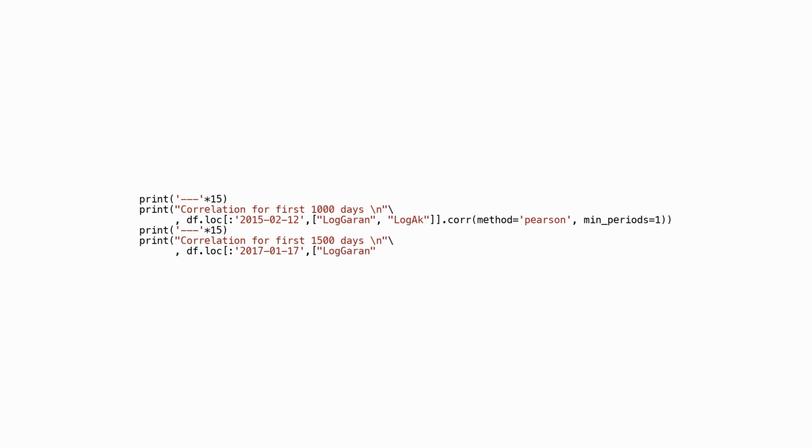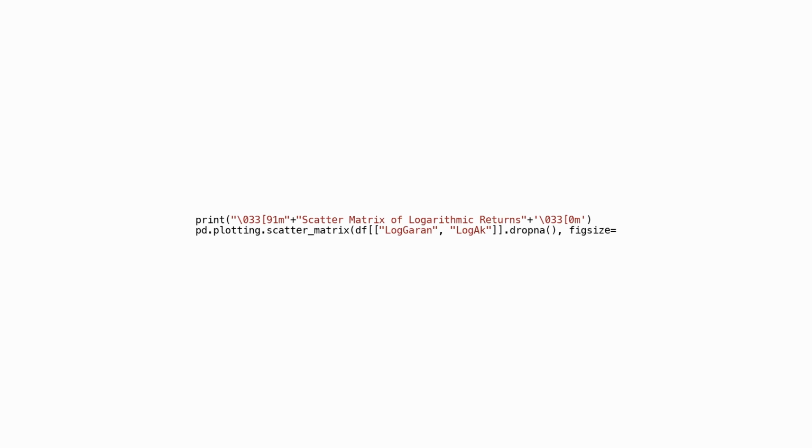The min_periods equals 1 parameter ensures that the analysis is conducted only on valid data points, rather than including null values. Finally, the .loc function is used to specify the date ranges, the first 1,000 days and the first 1,500 days, and the two columns that are being compared. The results of the analysis are then printed, giving the correlation coefficient between the two columns for each specified date range. Overall, this code is useful for quickly evaluating the correlation between these two columns over different time periods.